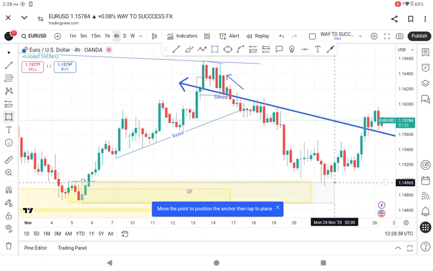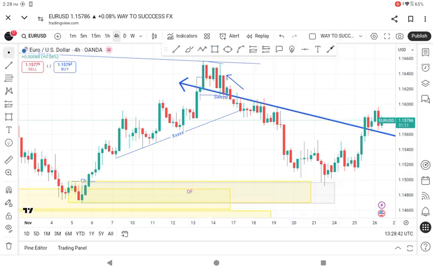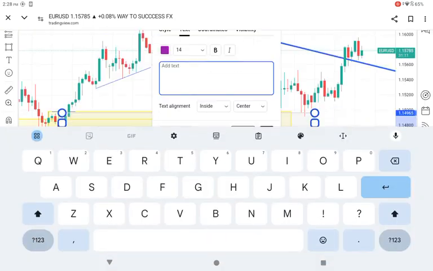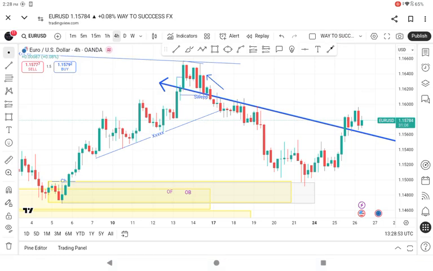So this is it. Price tapped into the order flow and still mitigated the order block in this case. So here is the order block, OB, and the order flow.